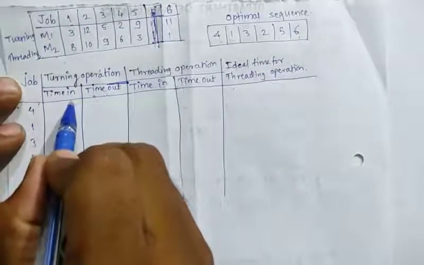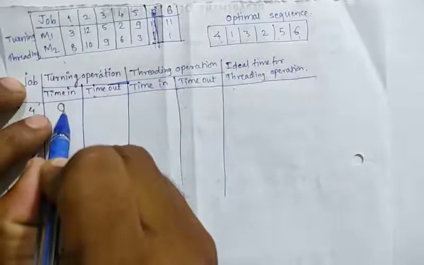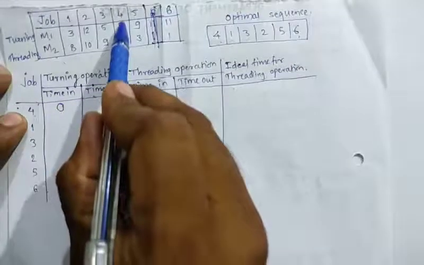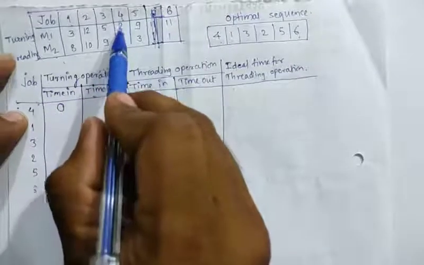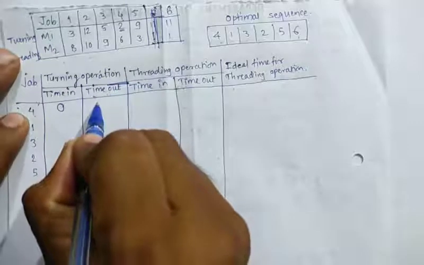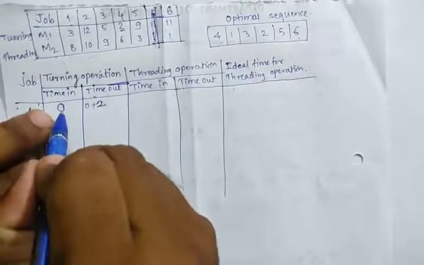For any operation, in the turning operation the initial time is always 0, because initially we have 0 time. For the fourth job, what is the time in? The first time for machine M1 is 2. So the time out will be 2: 0 plus 2, which is 2.